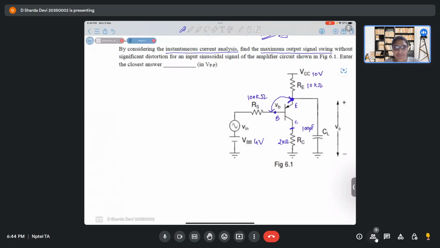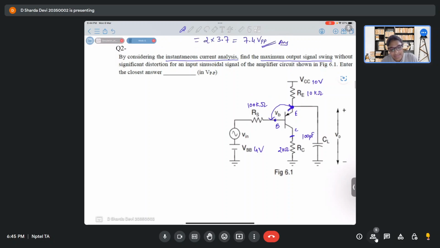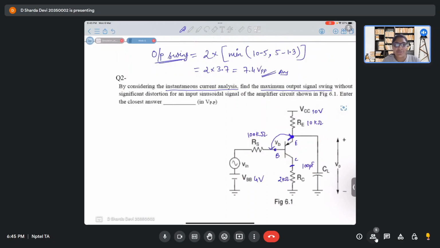See, here also we have to find the output swing. Earlier also we had to find the output swing. So the first question is, are these two the same? In the previous question we found the output swing, and now the question again asks us to find the output swing. Are these two answers going to be the same in question 1 and 2?